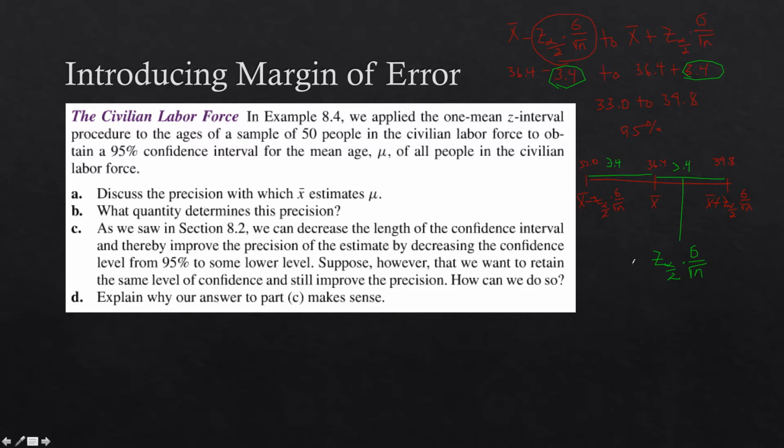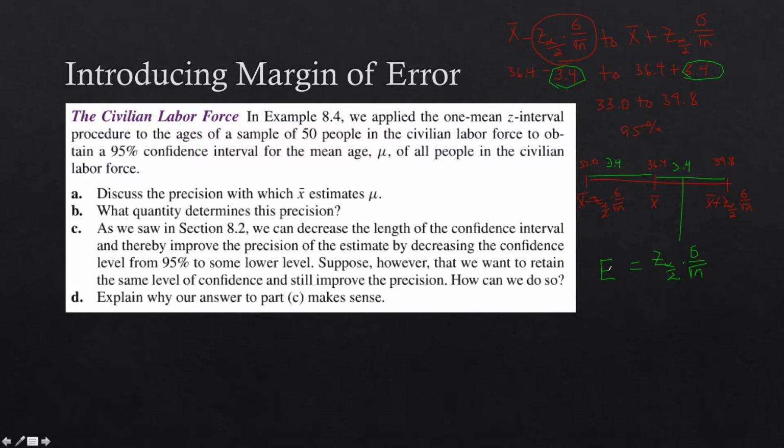And now we have a special name for this. We call this the error. This is the error in our sample mean, essentially is what this is doing. This is the error that we have in our sample mean.